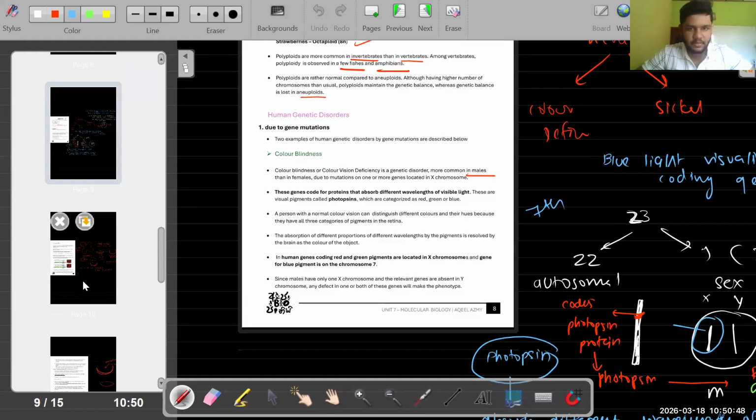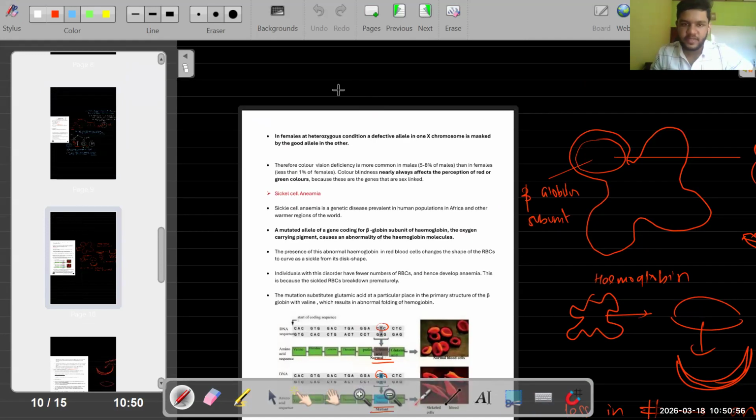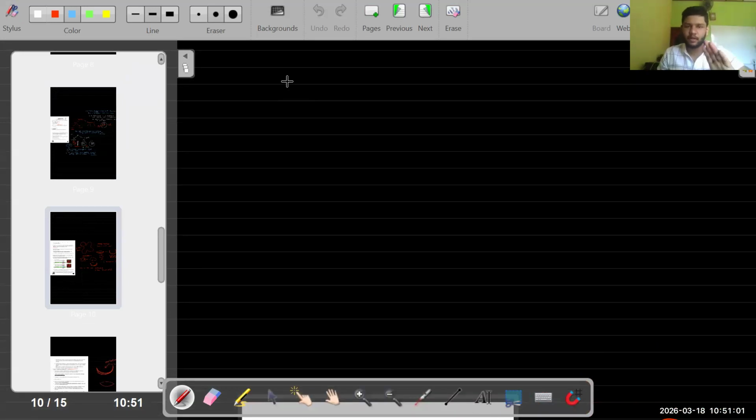In females at heterozygous condition, a defective allele in one chromosome is masked by the good allele in the other. Under color blindness we studied that it affects the X chromosome. Females have two X chromosomes. Males have only one X chromosome, right?